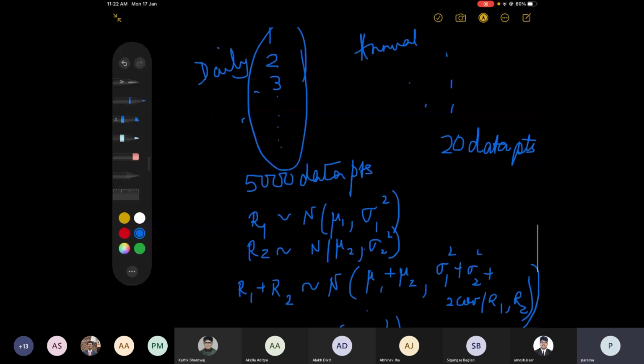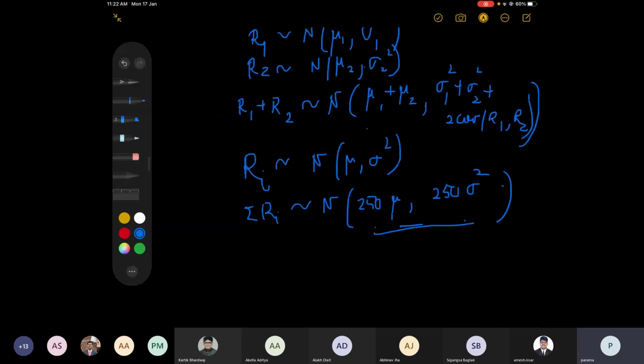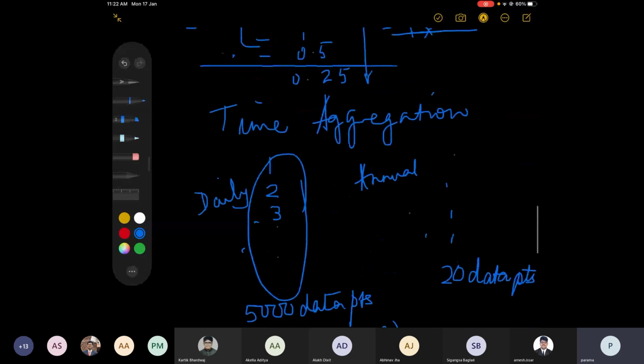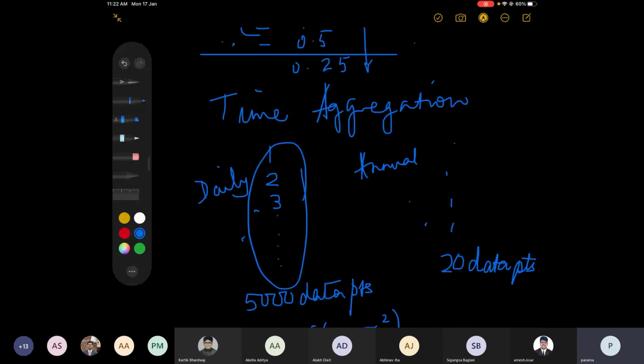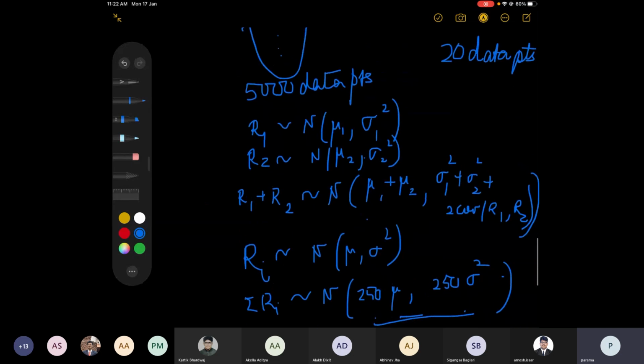I don't have to take annual data and then recompute the mean and standard deviation for an annual kind of time period. Whereas if I do this for a student's distribution, the problem will be I do not have such a nice expression for student's t distribution.